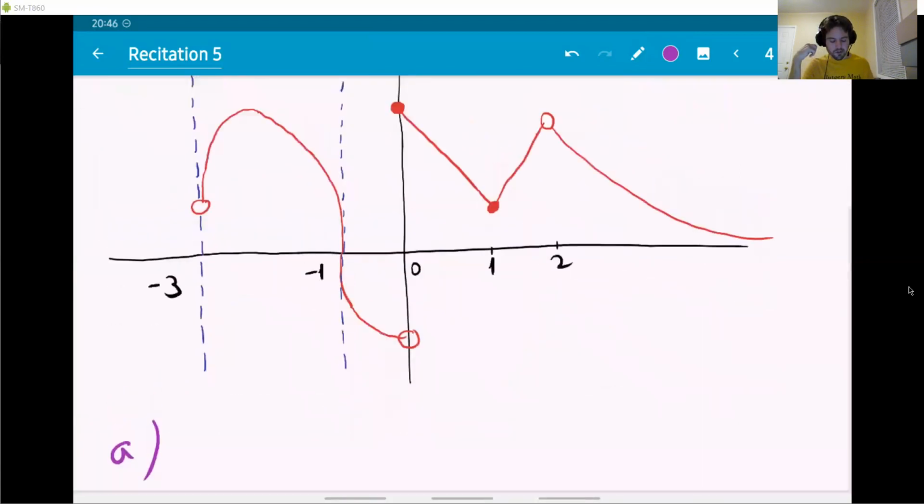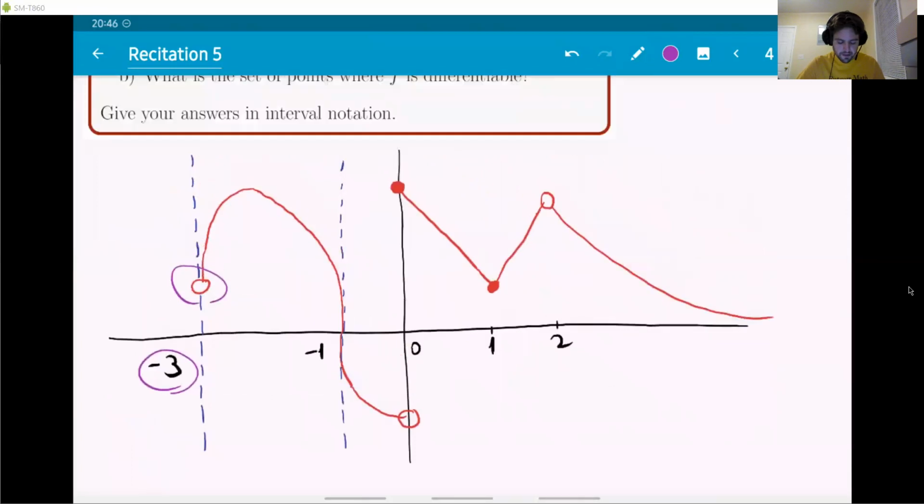It is discontinuous, first of all, any place where it's not defined, like at -3, because there's an open circle here. And also at places where you see jumps. At 0, the function suddenly jumped up. And okay, at 2 here, it's also undefined. So that's also a place of discontinuity, even though it might be possible to define it to be continuous there.